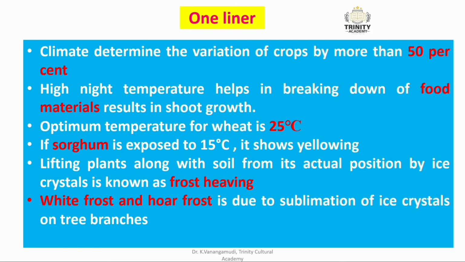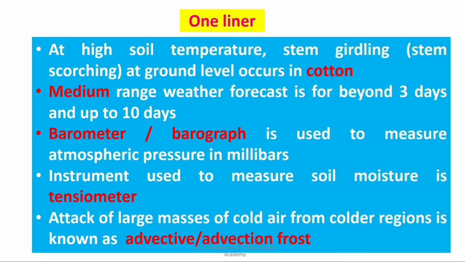Lifting plants along with soil from its actual position by ice crystal is known as frost heaving. White frost and hoar frost is due to sublimation of ice crystals on tree branches. At high soil moisture, stem girdling, otherwise stem scorching at ground level, occurs in cotton.